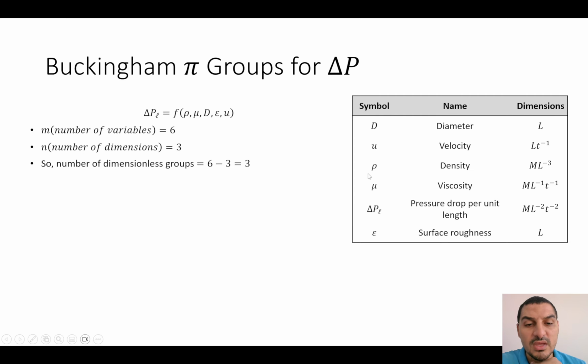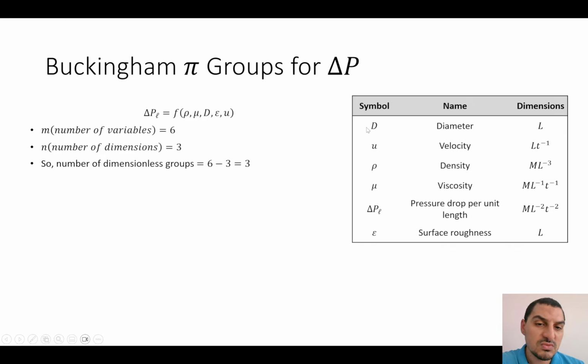We'll pick one of them. This is the only parameter that represents a flow property. Another flow property would be mass flow rate, or volumetric flow rate, something like this. The diameter already represents the dimension of the system, so we will pick D, and one of these 2, rho or mu. And now, we have U and delta P L. We need to pick one of them.